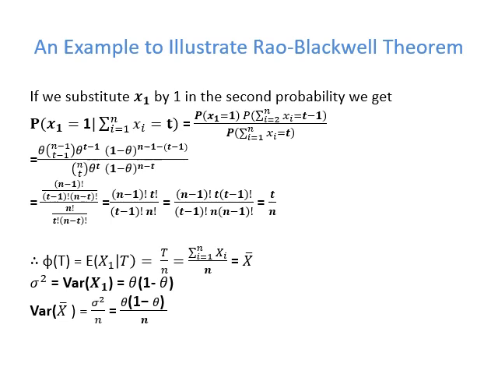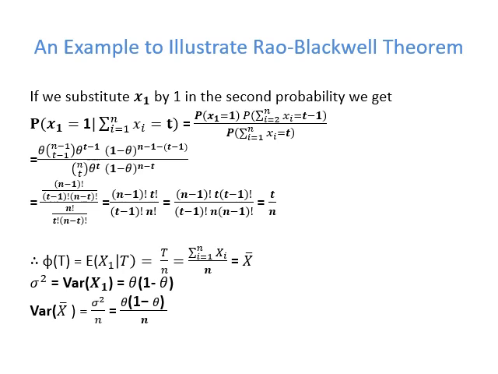Now we notice we have the two events, x1 equal 1 and summation xi from i equal 2 to n equal t minus 1, and these are two independent events, because in the second event we don't have x1. So we can use the rule of independent events, and we can replace the intersection by the multiplication.